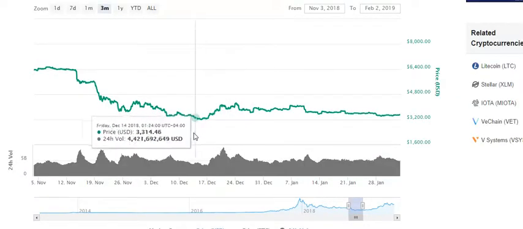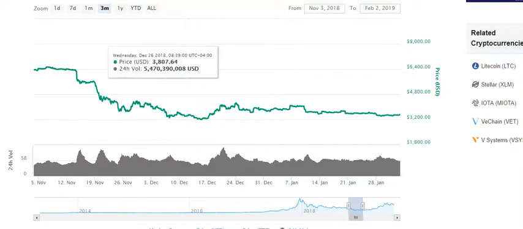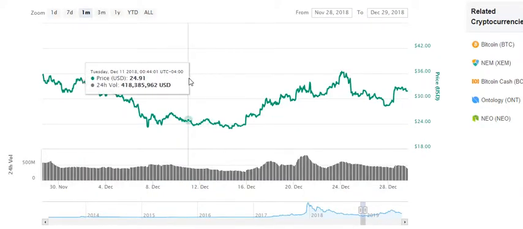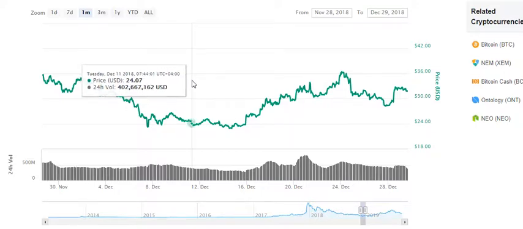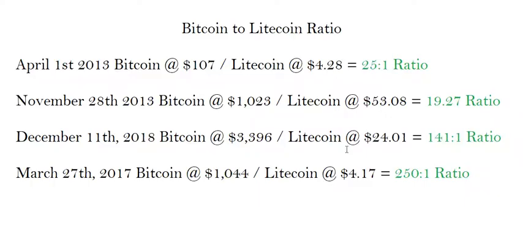And so Bitcoin, December 11th, 34 and some change. Litecoin, December 11th, 2407. So I've got 2401, 3396. That gives us a 141 to 1 ratio.